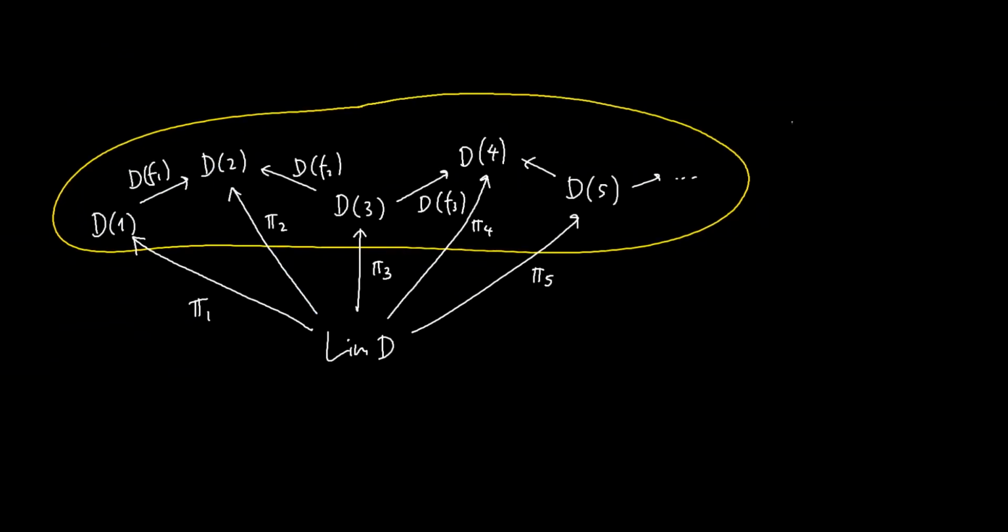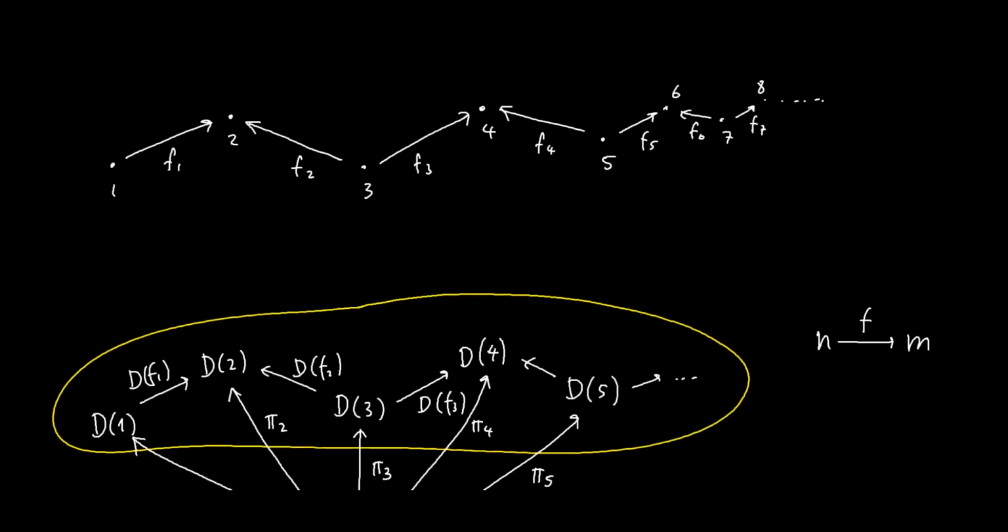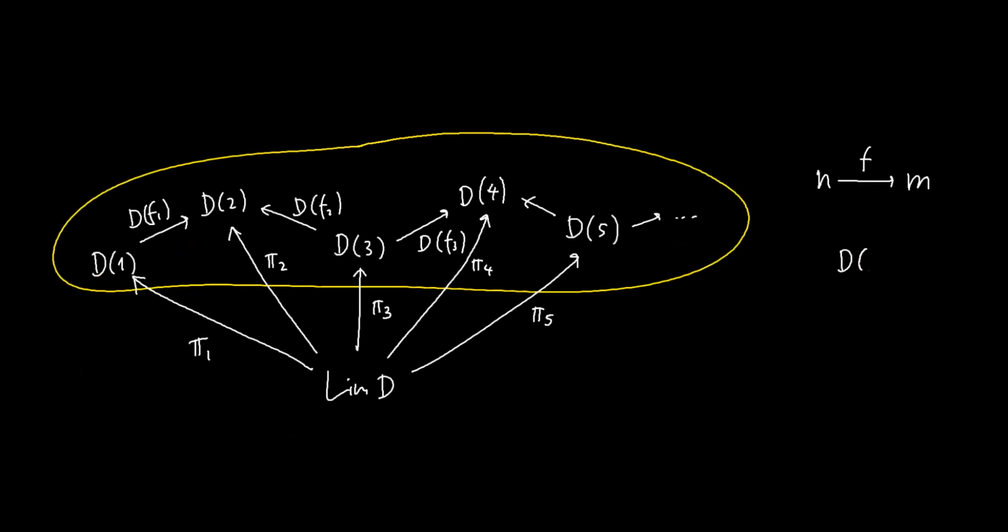So I will require that for any arrow f from n to m in my graph, D of f composed with pi of the domain, pi n, equals pi of the codomain.